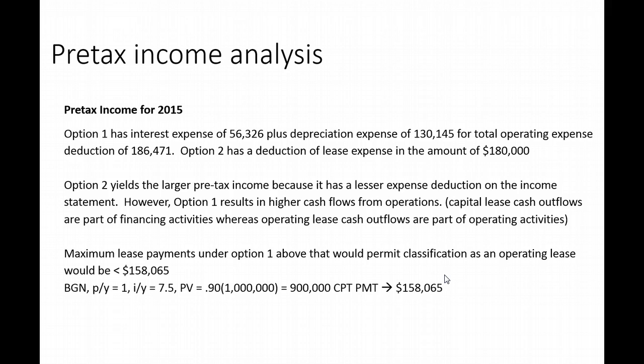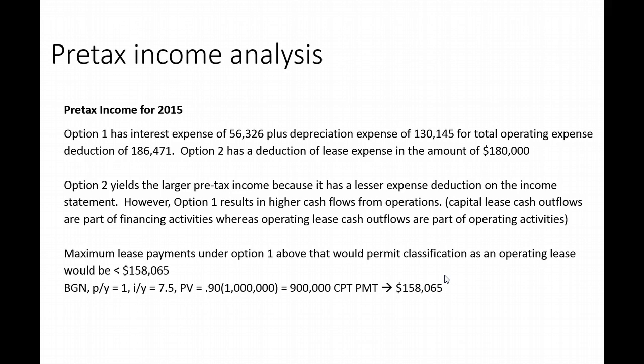If we are negotiating this lease, I now know that I need to have a payment of something less than $158,000 in order to avoid meeting this 90% criteria. The way that we do this from a managerial standpoint is we use the 90%. Don't take 89.5 or 89 or 88.5. Use 90%.